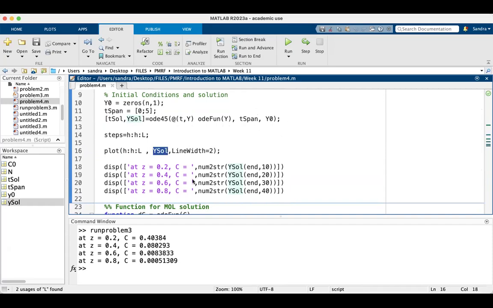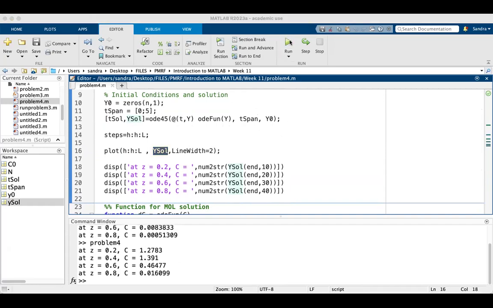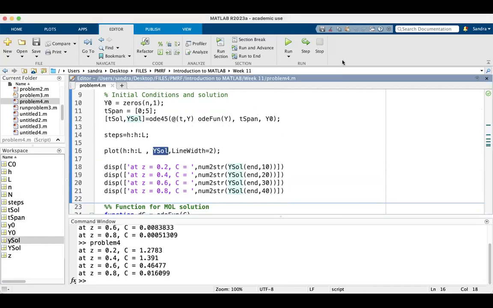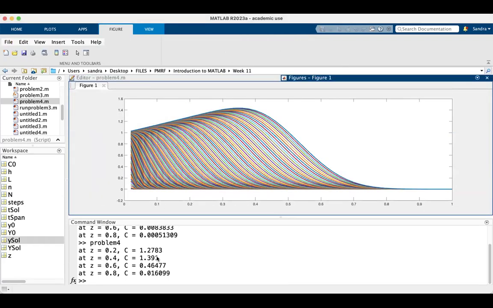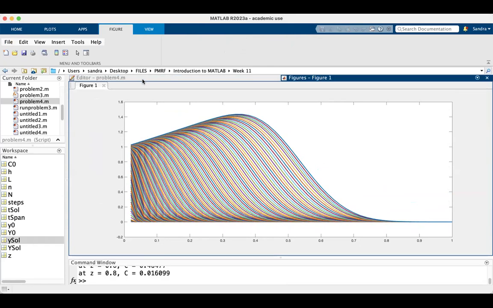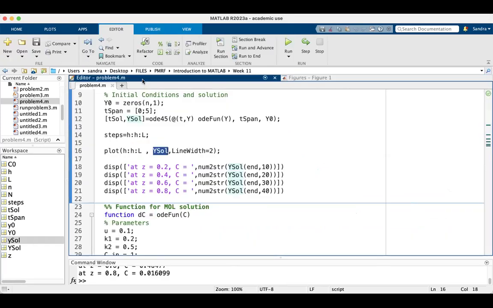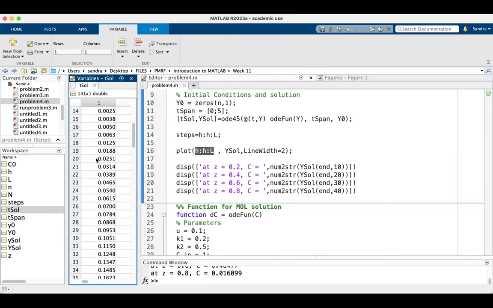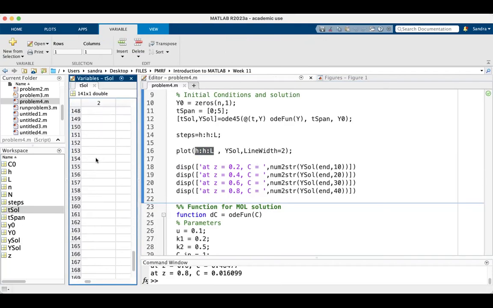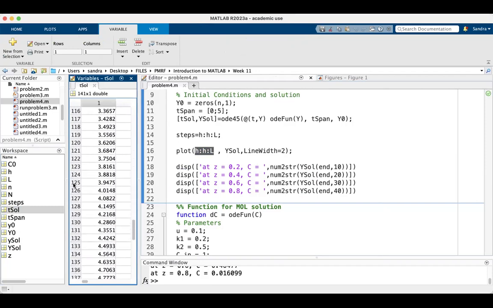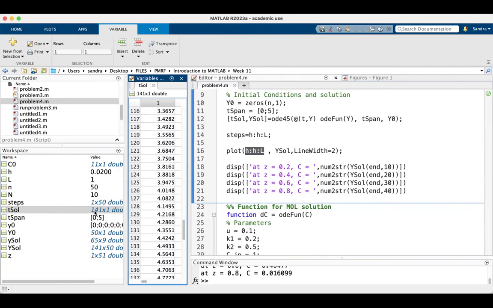Okay. Now plotting, I'm plotting with the position and the y-sol. Okay, so let me run this. So when I plot the position and y-sol, you remember, just a second. Let me just look at the y-sol. This is the t-sol. You can see how many data points are here? T-sol has 141.